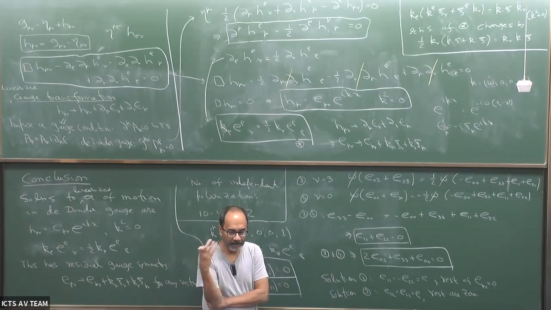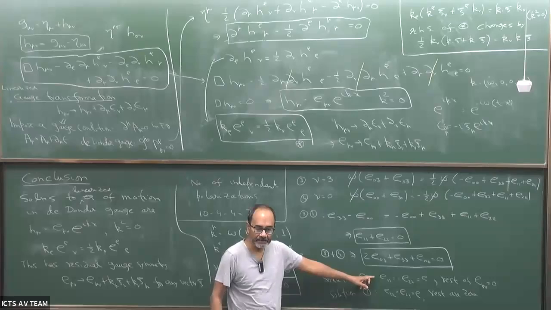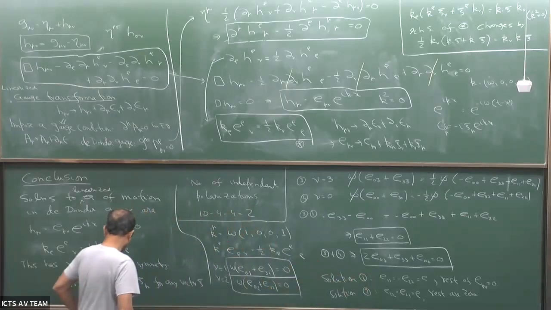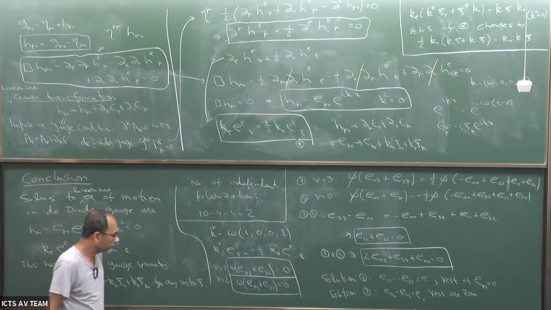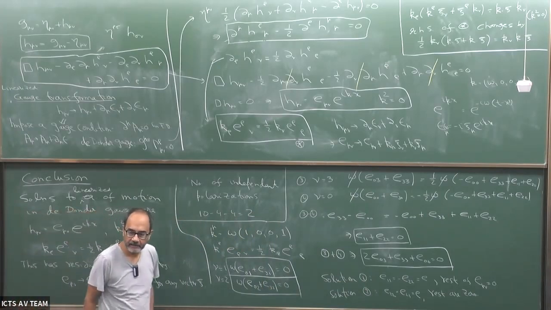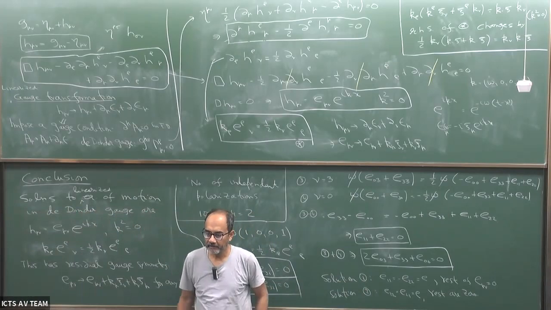Exactly. Other 4 can be obtained from these by adding things like this. They are arbitrary in some sense. Yes. So basically what I'm asking is how do you know that solution?